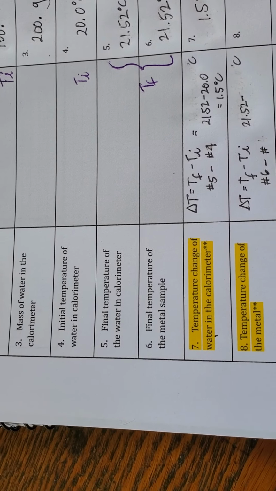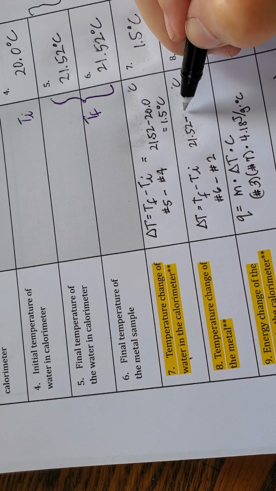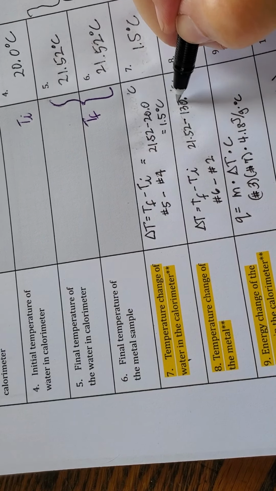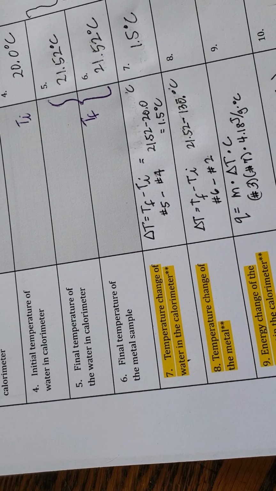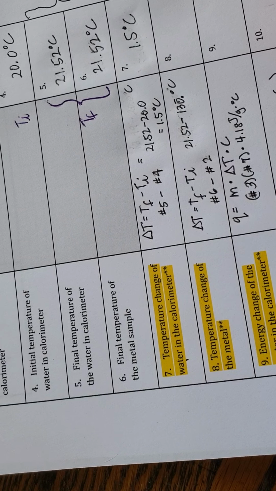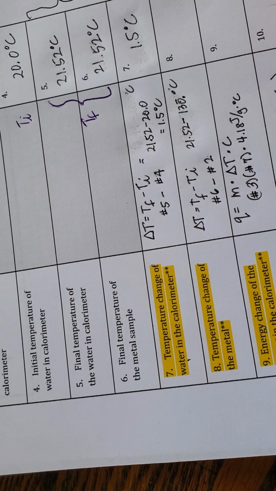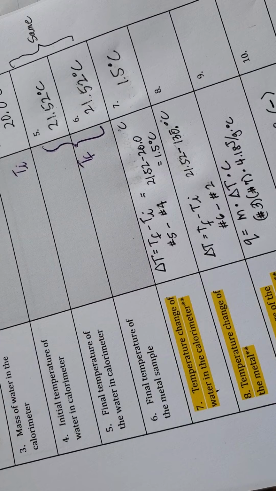And then for the metal, same final temperature, 21.52, but my initial temperature, this is number 2, is 130 degrees. I'm supposed to make that a sig fig. Okay, now when I subtract these, this is going to come out negative. And what that tells us is the metal was losing energy, and that's what was happening because the metal was cooling down and releasing its energy to the water.